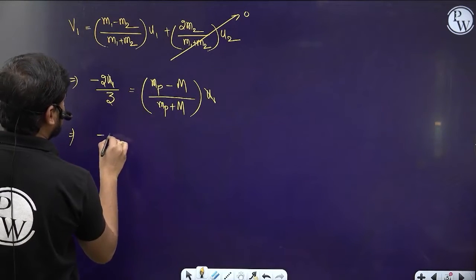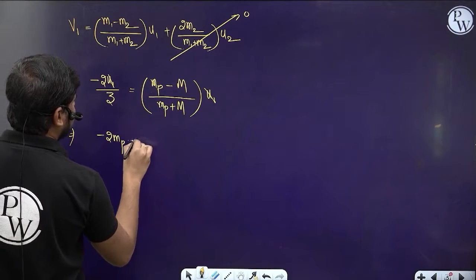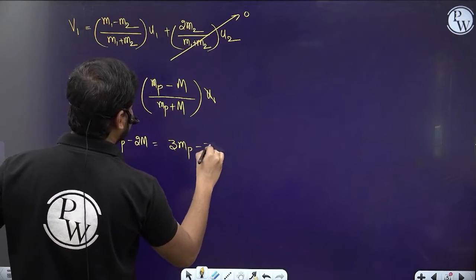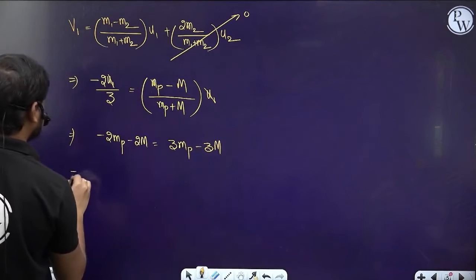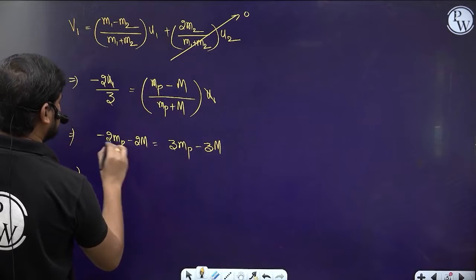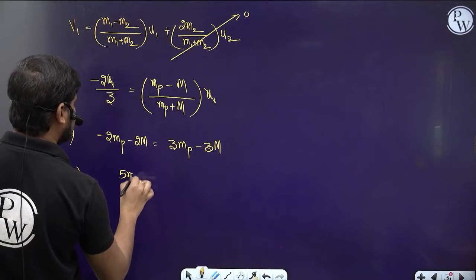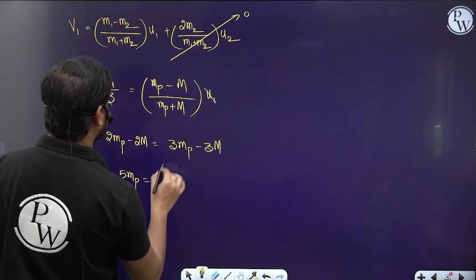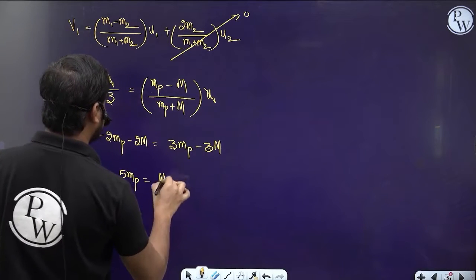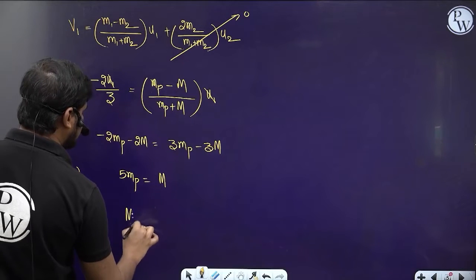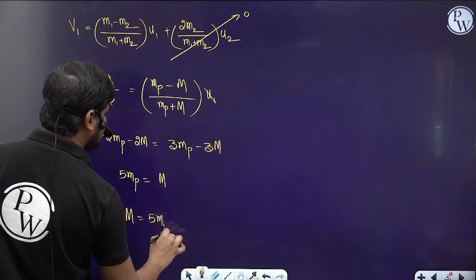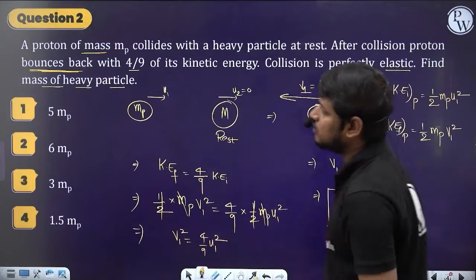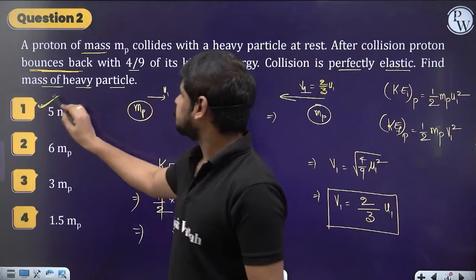Here we get 2 times mp minus 2 times M is equal to 3 times mp minus 3 times capital M. Bring small m's to one side and capital M's to the other side. So 5 mp is equal to, bringing this to this side, minus 2M plus 3M, which is M. That means capital M is equal to 5 times the mass of the proton. Option 1 is the correct one guys.